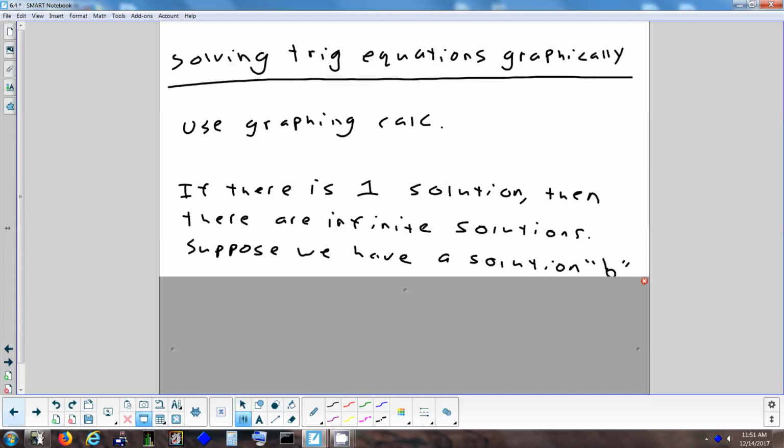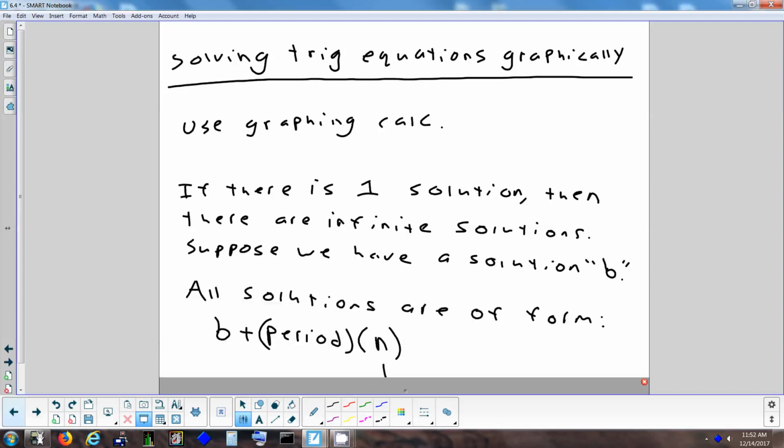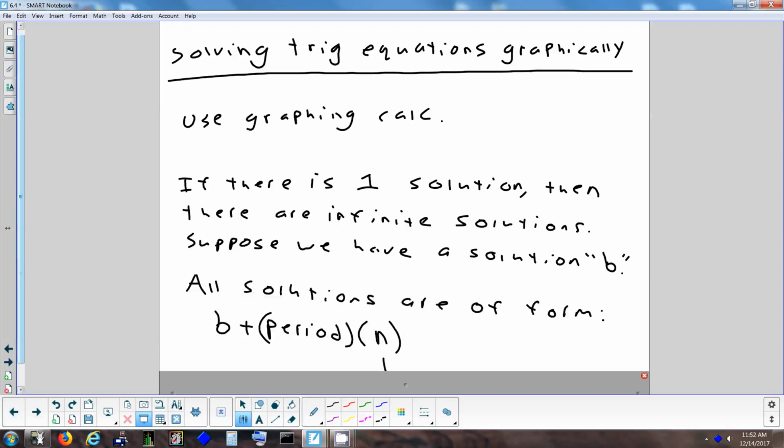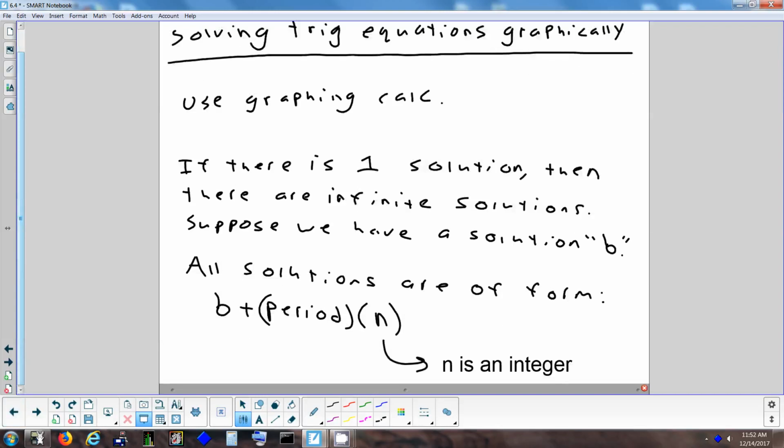So, if you can find one solution, then you can find infinitely many. So suppose you use your calculator, you do second calc intersect, you find one solution. The way you would write all solutions is take the one you found and put plus the period times n. Right, so we'll just make up a simple number.